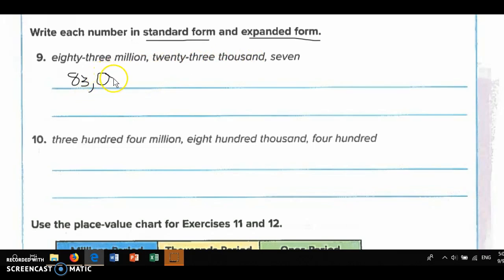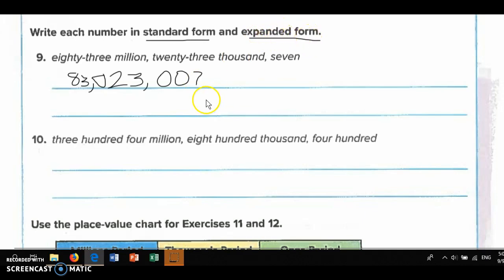You put a 0 and then 23. 23,000, another comma, 7. So there's no hundreds, there's no tens, and you put a 7.